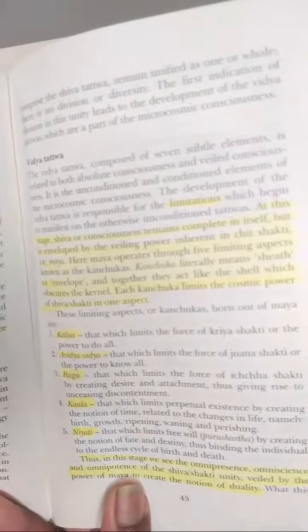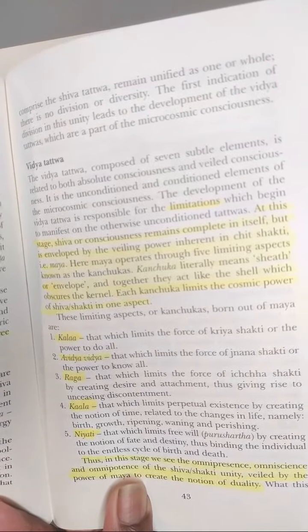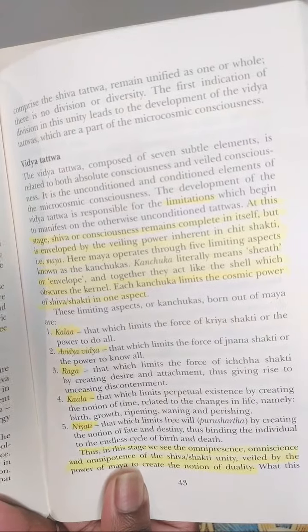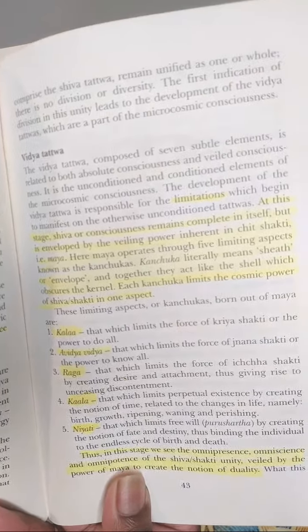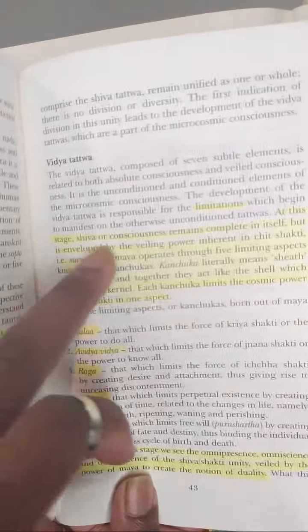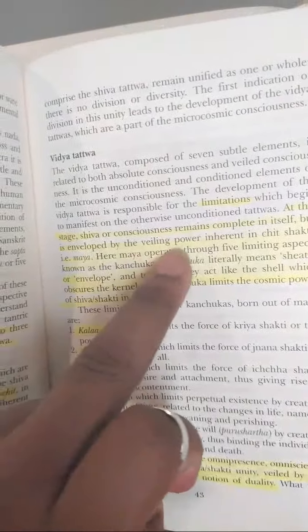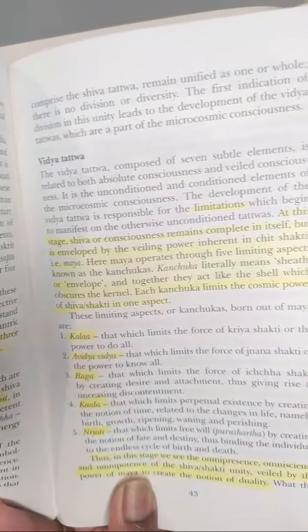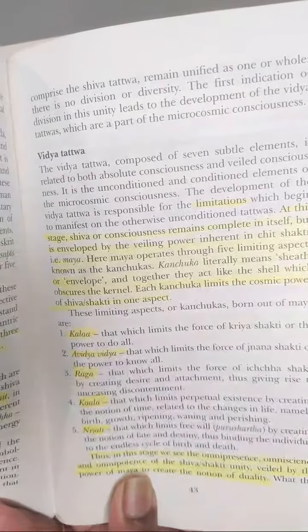In Tattva Shruti, she says that these are limitations. She calls them envelopes. At this stage, Shiva or consciousness remains complete in itself, but is enveloped by the veiling power inherent in Chit Shakti, Maya. Here, Maya operates through five limiting aspects known as Kanchukas.